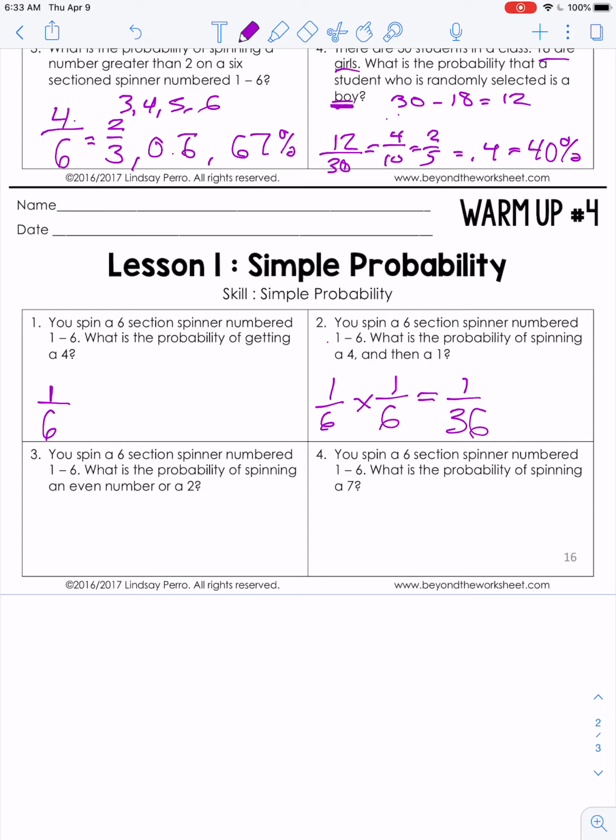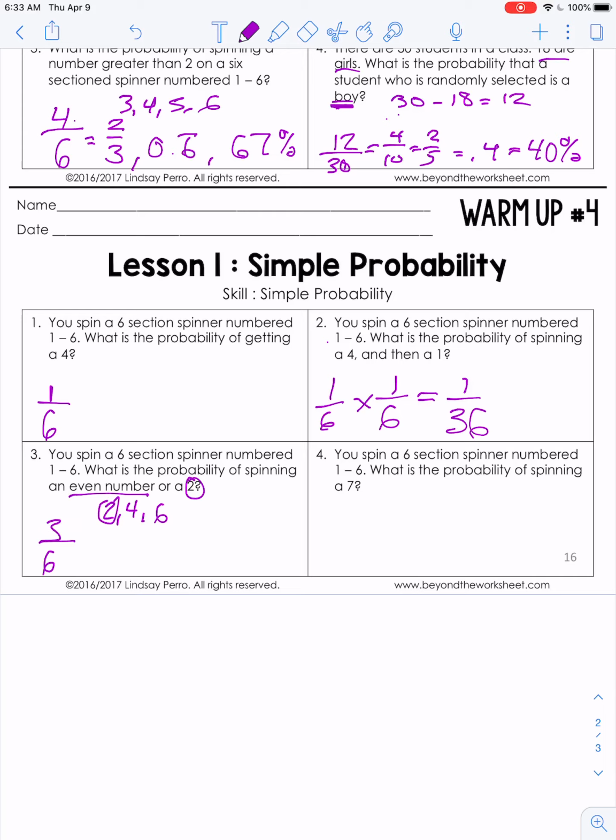Number 3, you spin a 6-section spinner numbered 1 through 6. What is the probability of spinning an even number or a 2? So your total number of outcomes is 6. Your event is 2, 4, or 6, because 2 is an even number, so it's going to fall into our even number category.